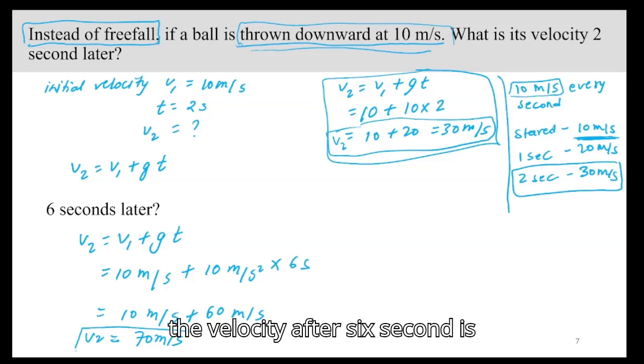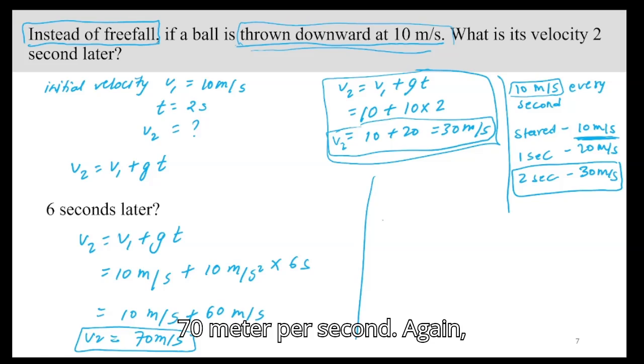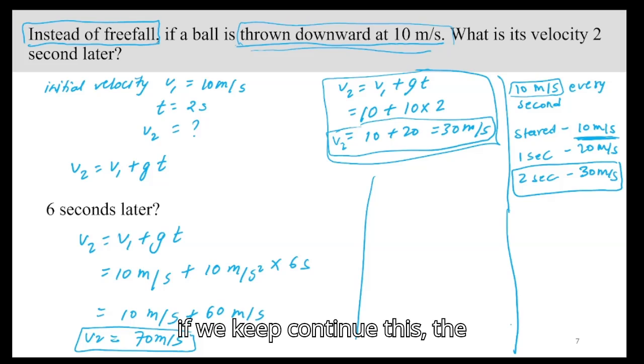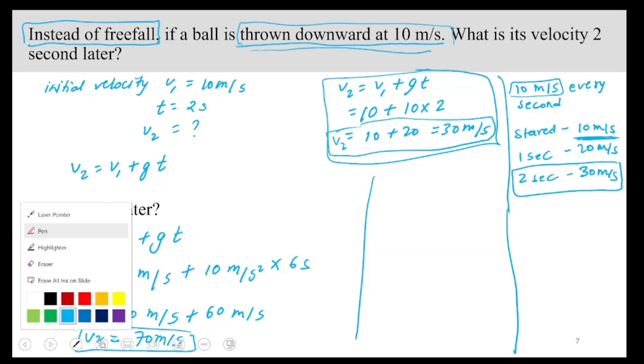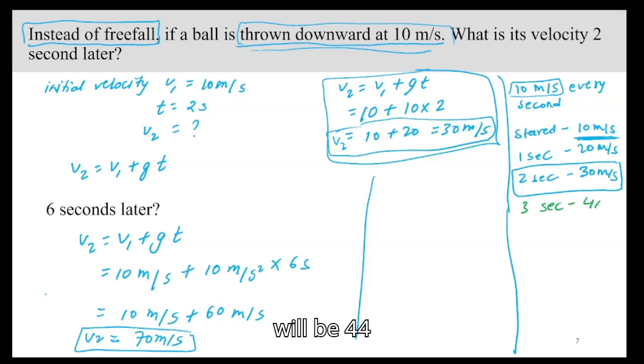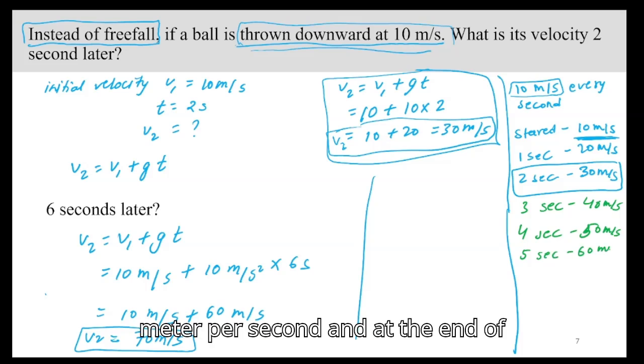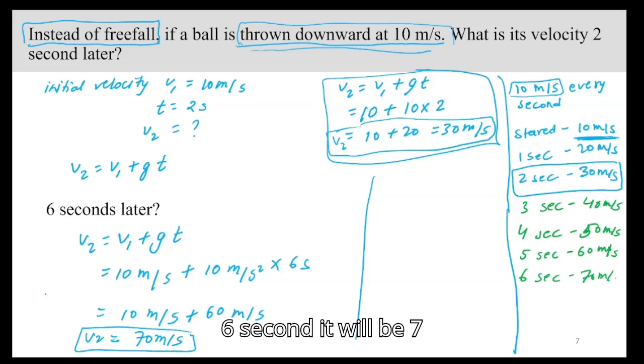So the velocity after 6 seconds is 70 meter per second. Again, if we continue the other method, after 3 seconds it will be 40, 4 seconds, 50, 5 seconds it will be 60 meter per second, and at the end of 6 seconds it will be 70 meter per second.